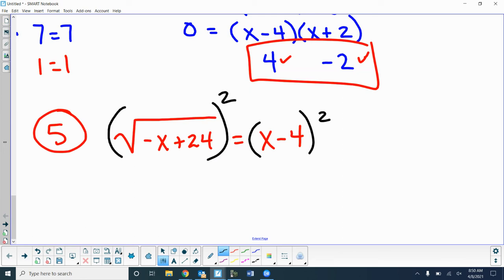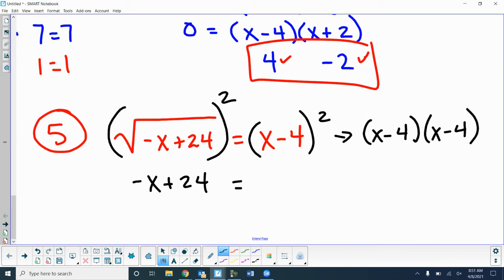Okay, so the left side when I square it is just negative x plus 24. All right, and remember, first is x squared. When we FOIL, outside is negative 4x, inside is negative 4x, and last is positive 16.